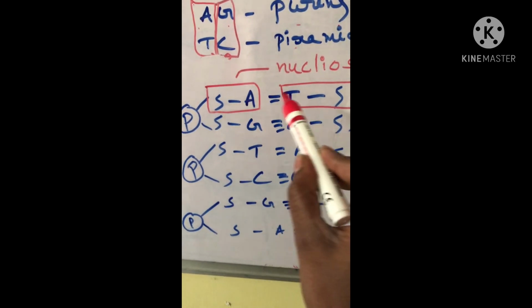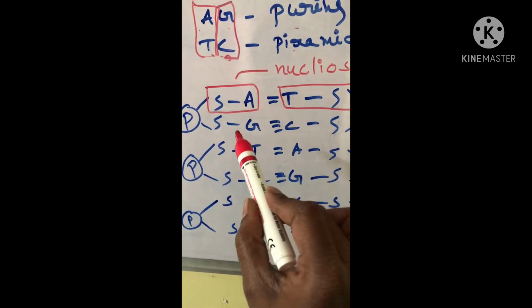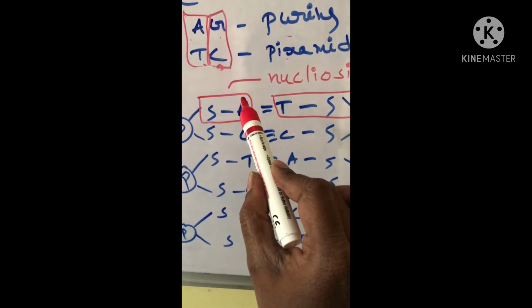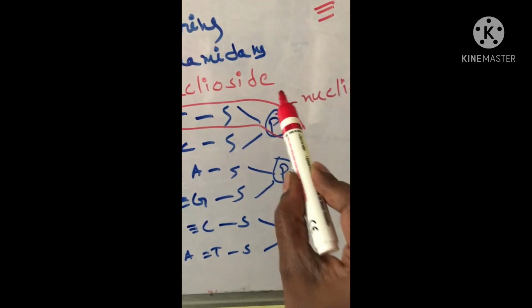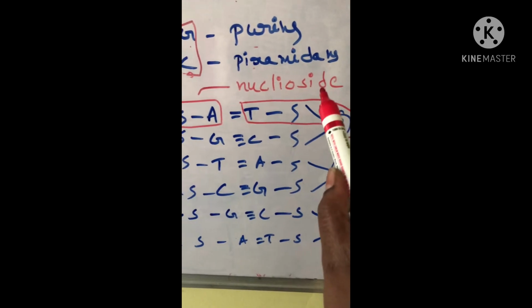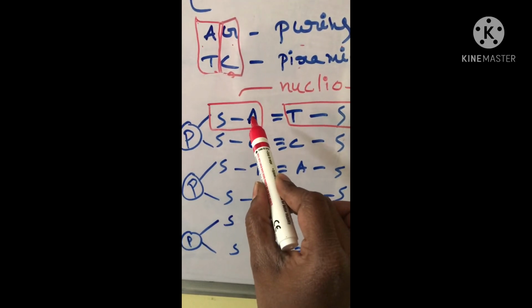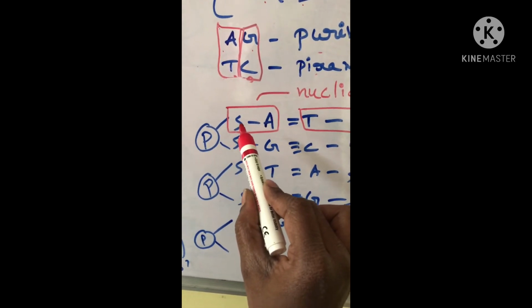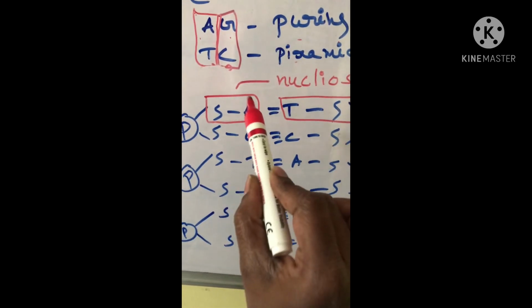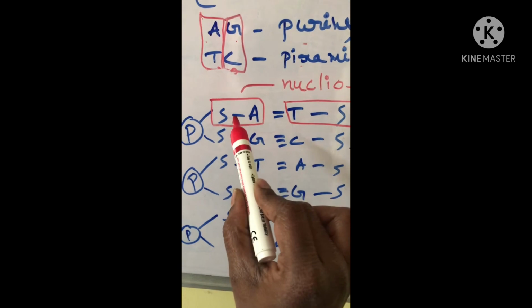Here both are nitrogen bases. These also are nitrogen bases. Here two terms occur. This one is a nucleoside, another one is a nucleotide. Nucleoside means one nitrogen base and one sugar. These both are called nucleosides: one nitrogen base plus one sugar.